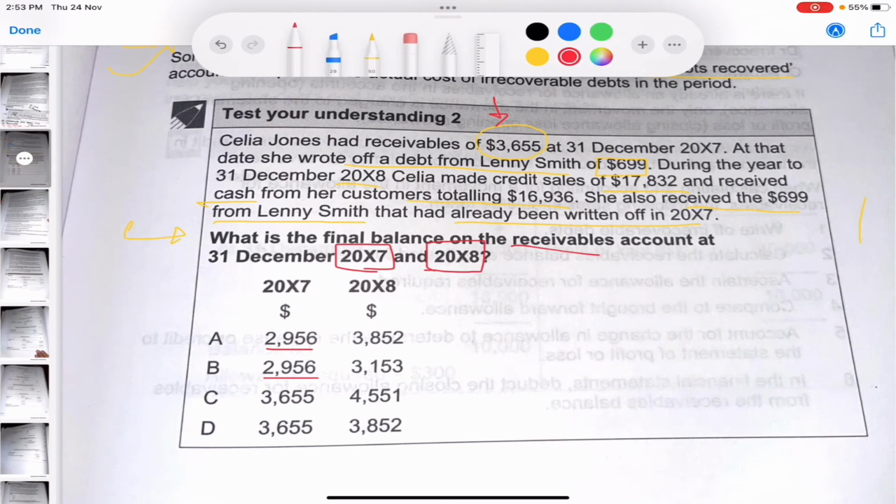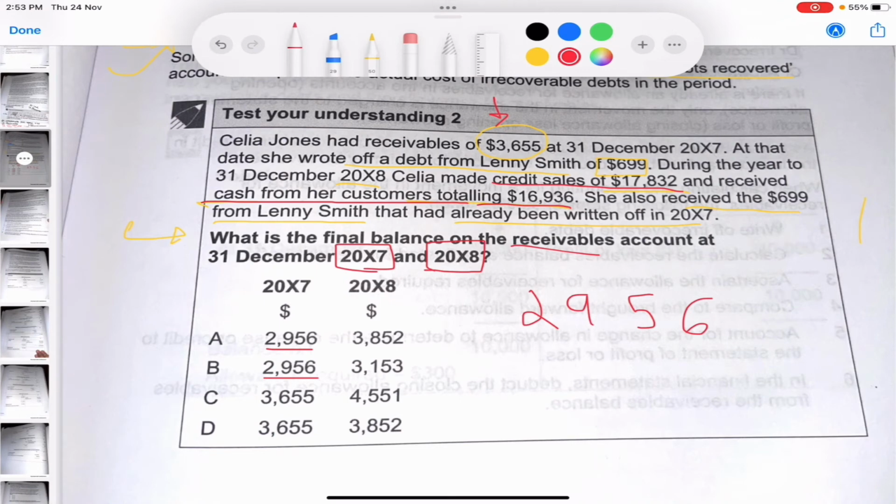During the year to 31st December 2008, Celia made credit sales of this much and received cash from her customers totaling this much. So what was the balance from the previous year? It was 2956. From the previous year, this was my receivables balance.